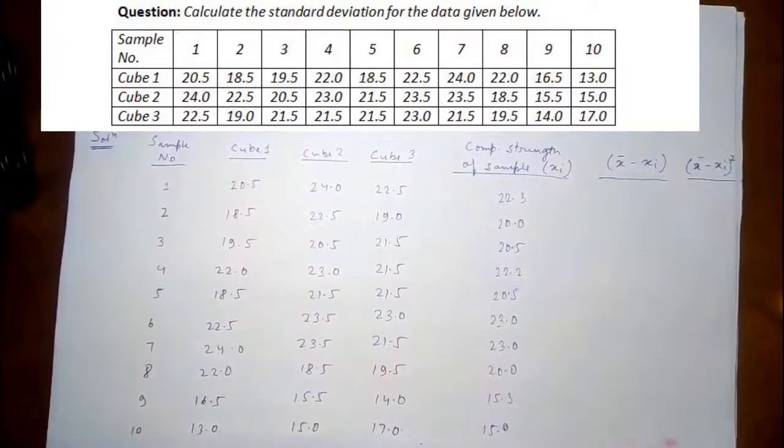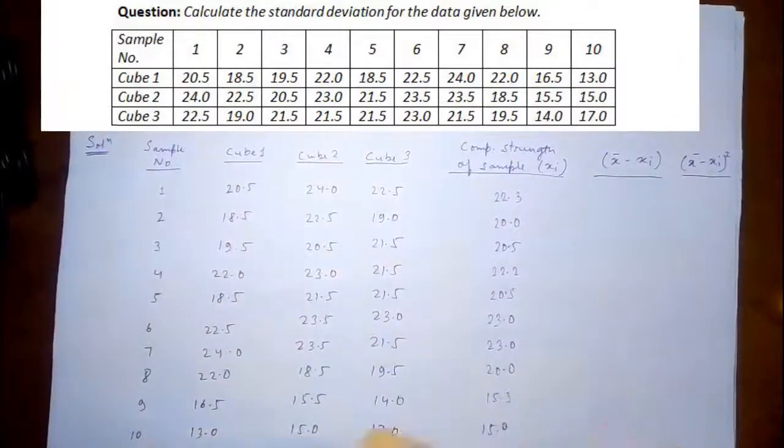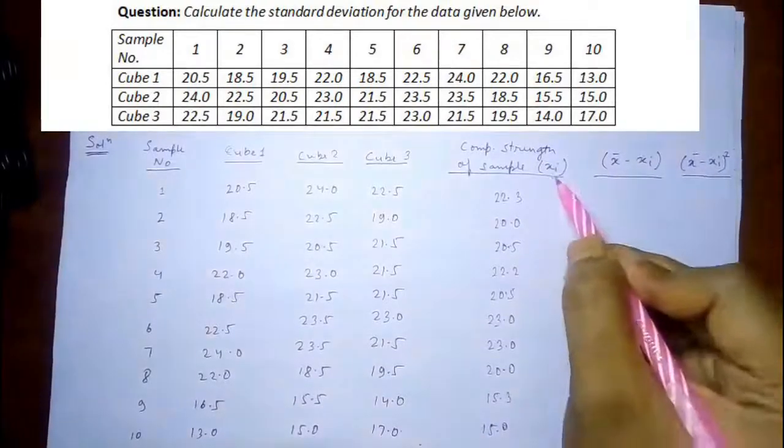So this is the average of the 3 cubes of each sample. So this is our xi value.